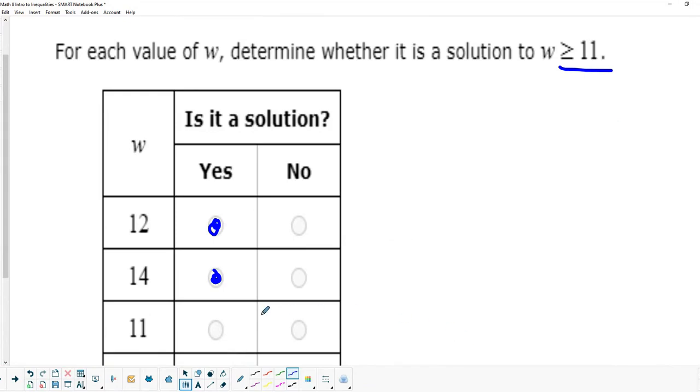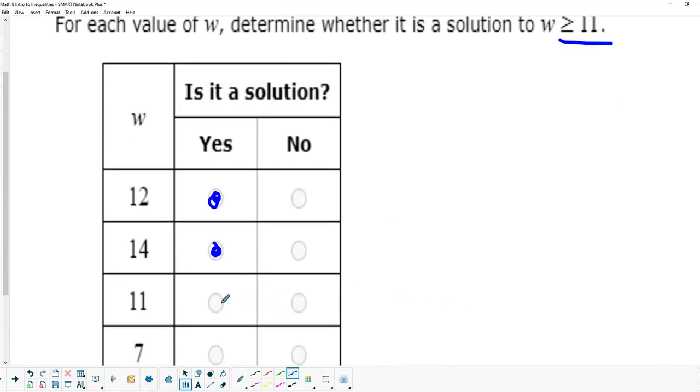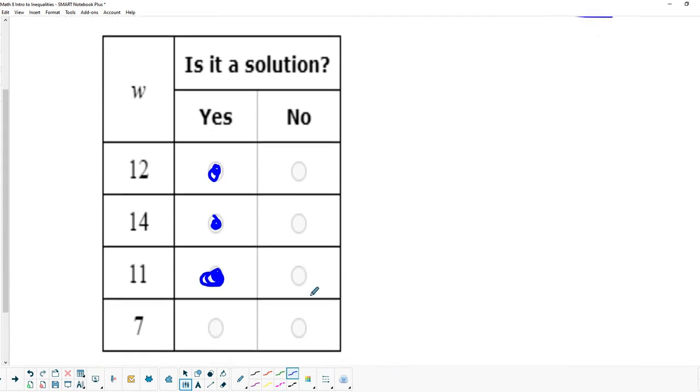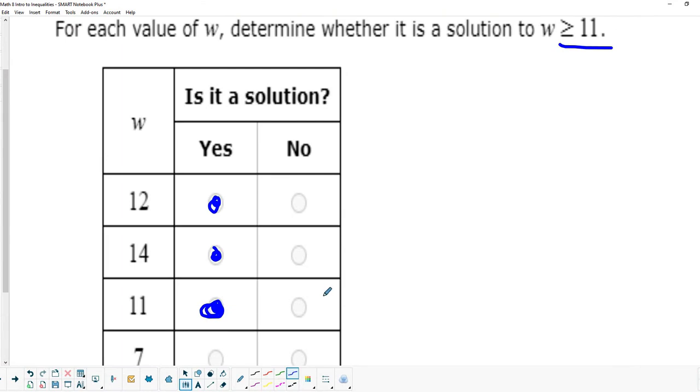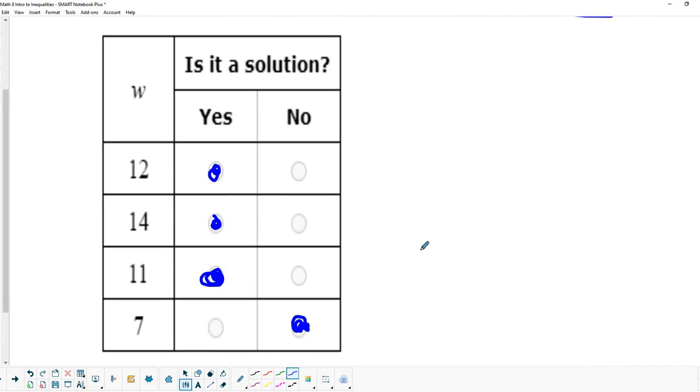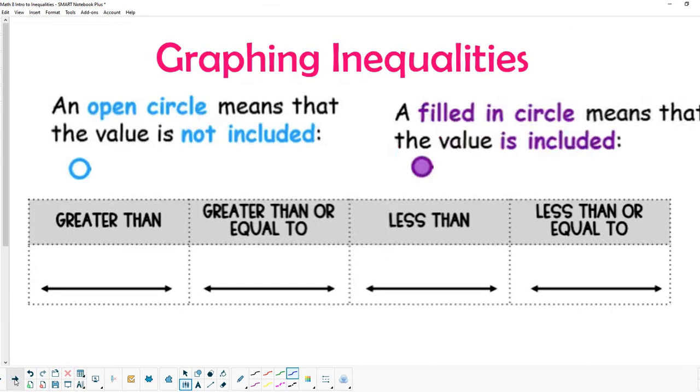Is it greater than or equal to 11? Yeah, it's equal to 11, so that just barely squeaks into our yes section. But 7 is not greater than 11. It's less than 11, so it falls into the no category. So you have to go through each number and just verify where it belongs in this solution, okay?